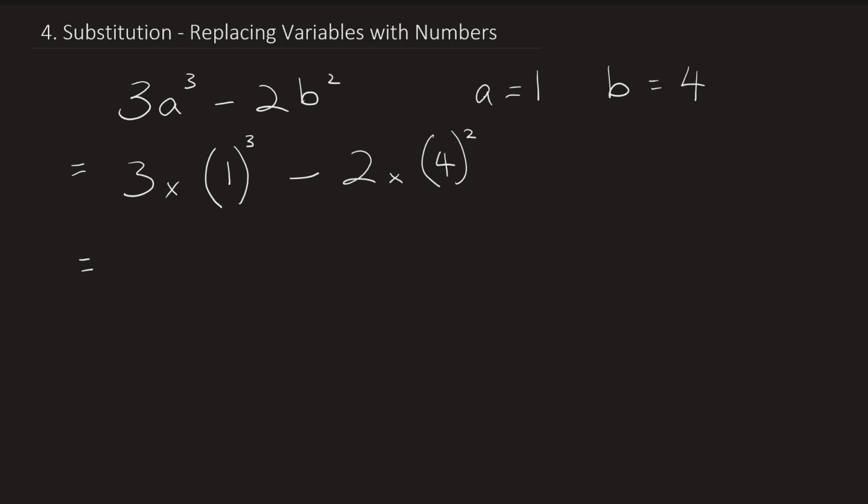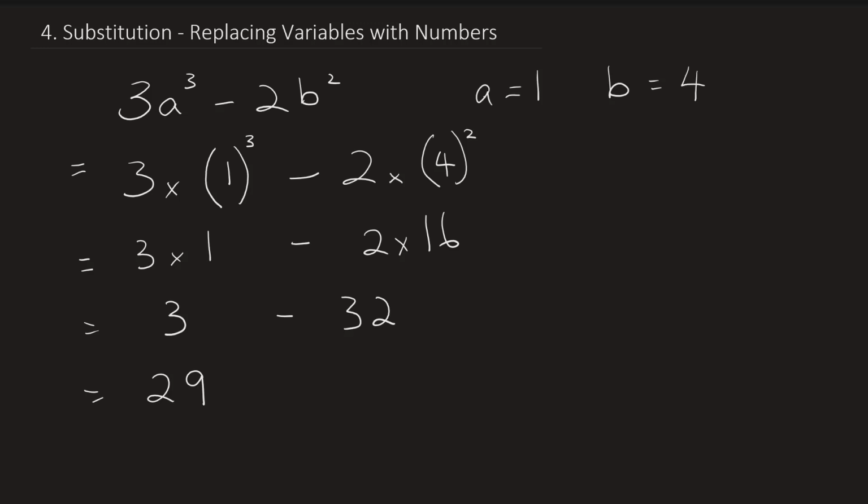So let's tidy this up now. 3 times 1 minus 2 times 4 squared is 16, and this is 3 minus 32, and my answer is negative 29.